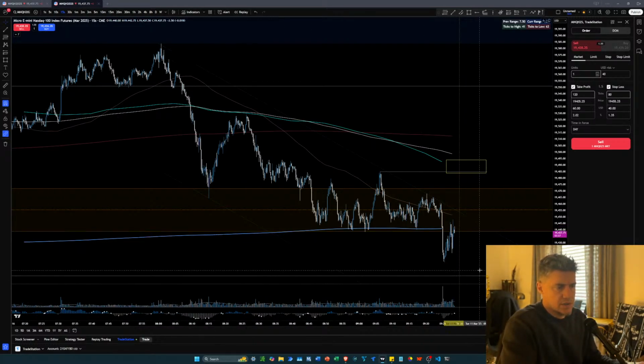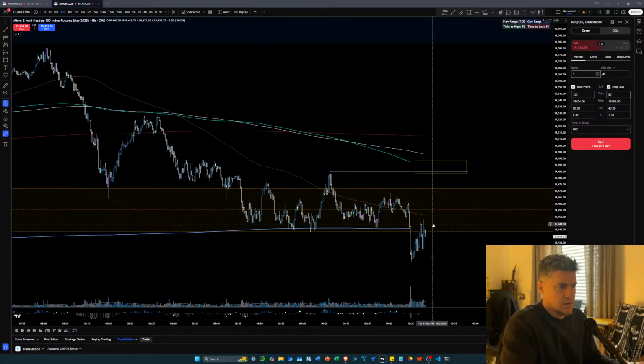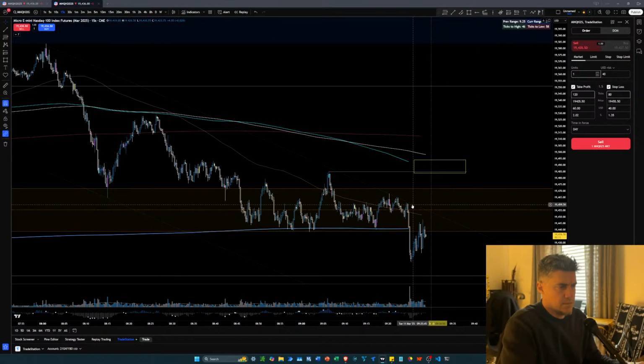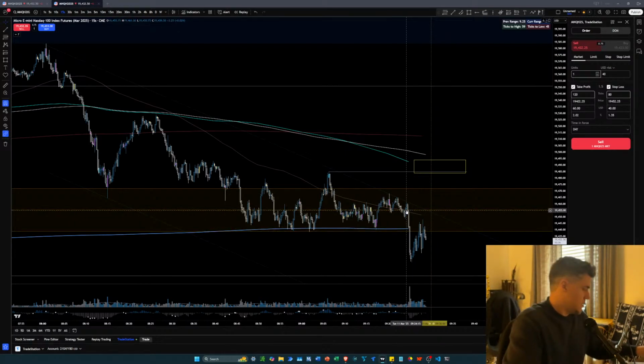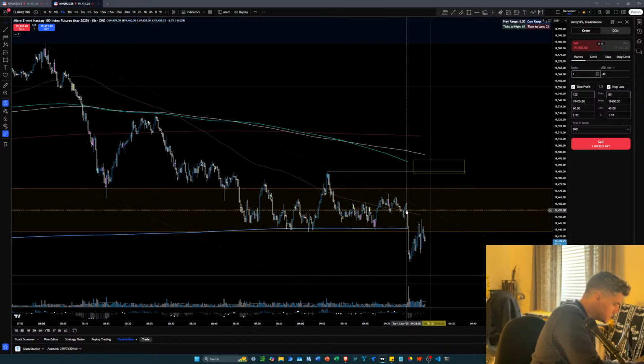I'd like the market to take London lows here. New day opening gap. 20-period based off the 2 minute. Let's see what we got here. Check. Price action. Check.